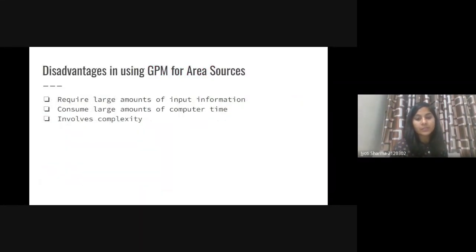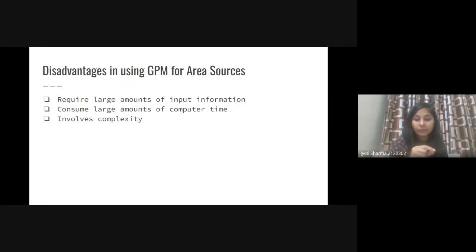Because if we are talking about an area source, we need a lot of inputs. Based on that only we can calculate this. So that's why we require a large amount of input information, because for each area, if you calculate it using the model, you will have some spatial data. This spatial data has been converted into grids. At each grid you must have some values.